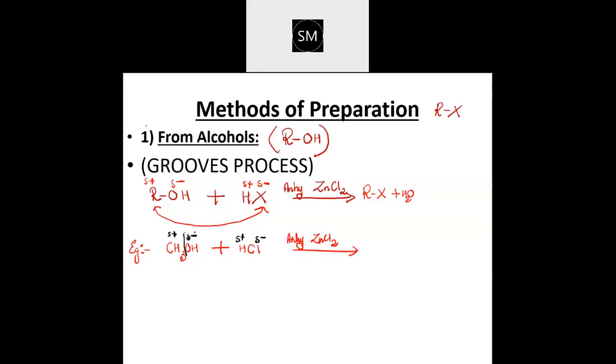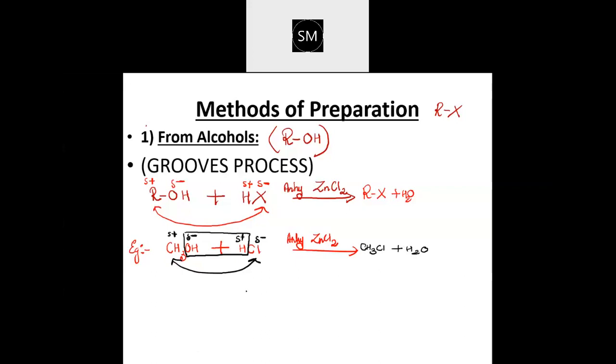OH minus will go with the H plus. Water you will get, and CH3 will combine with the Cl. So the product will be CH3Cl plus H2O. Okay, this is how the product is formed.